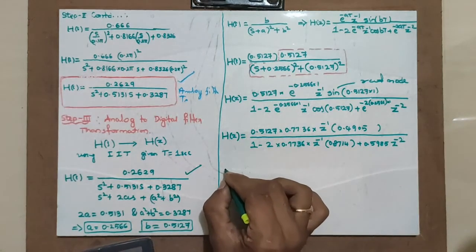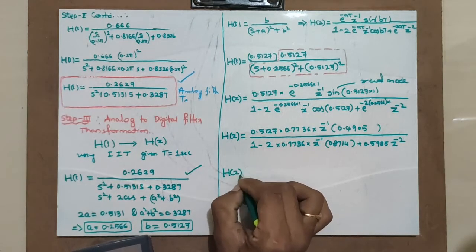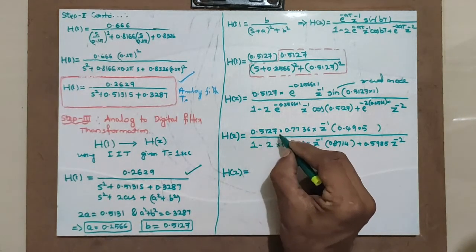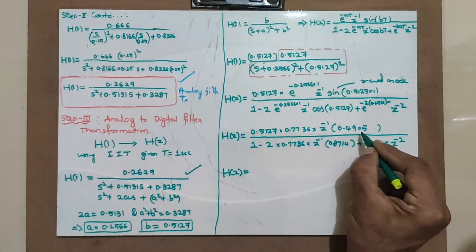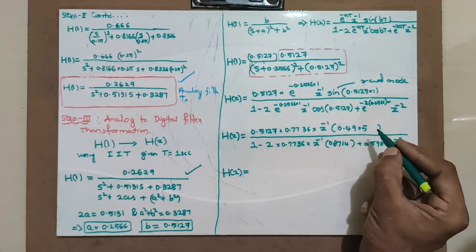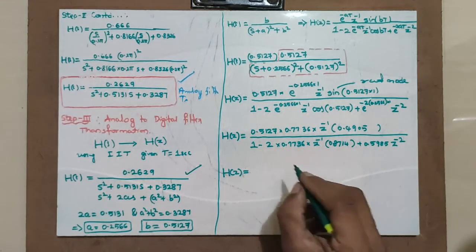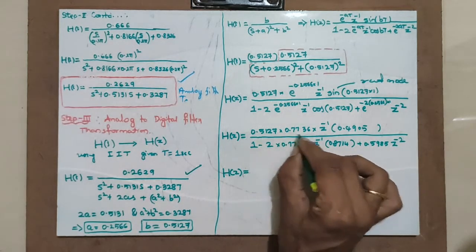Hence I got all of the answers. You have to now multiply 0.5127 into 0.7736 into 0.4905. This is simple multiplication with the calculator.